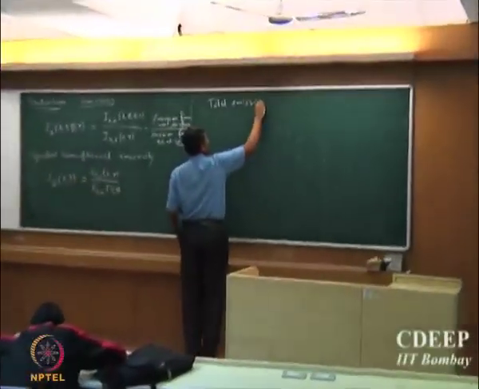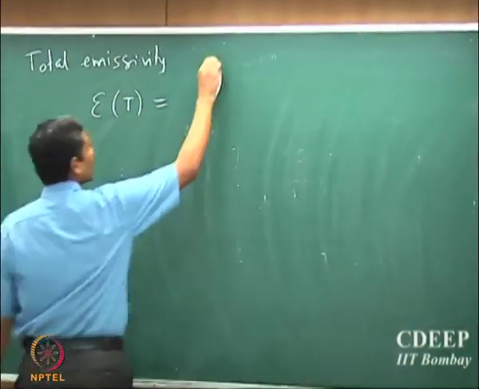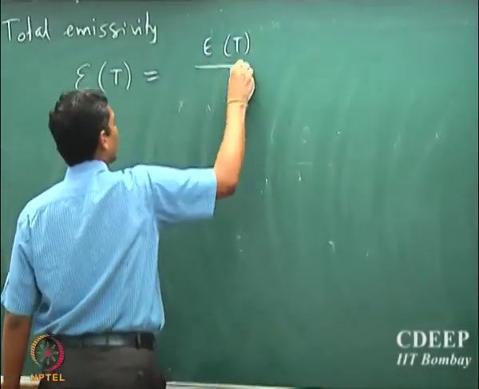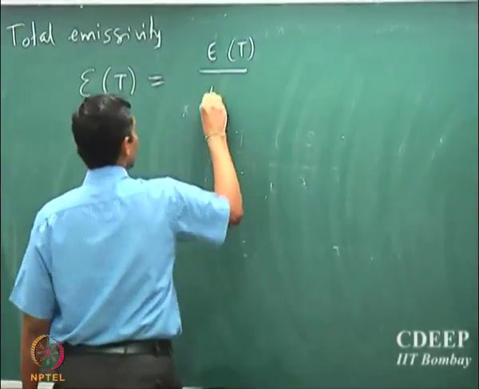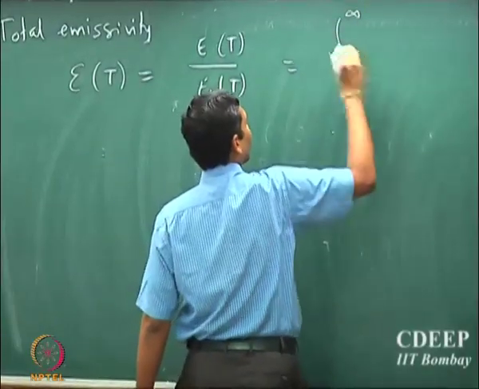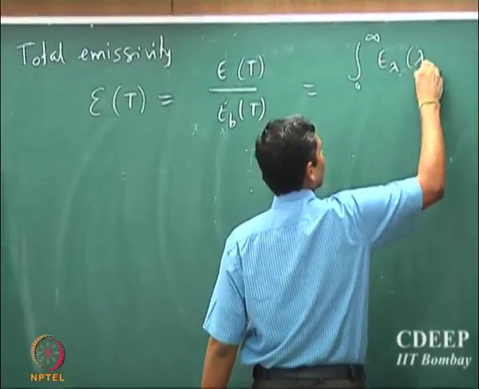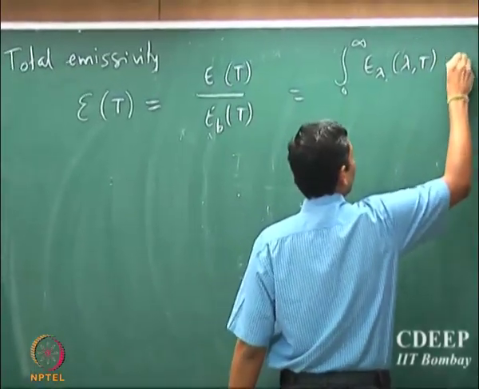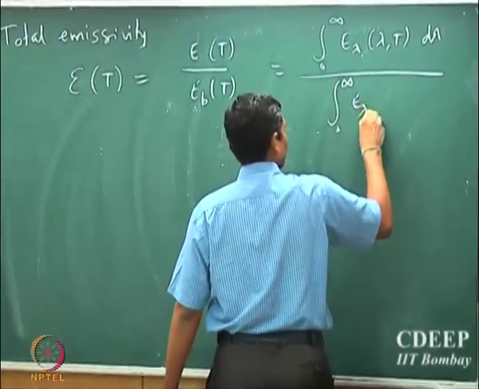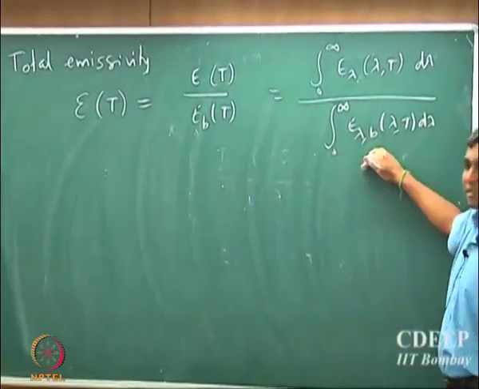So one can define what is called a total emissivity, that is epsilon, which is only a function of temperature. So that will be E of the real surface, which is a function of temperature, and E of the black body, which is only a function of temperature. So that will be integral 0 to infinity E lambda comma real surface into d lambda divided by, what's the denominator term?